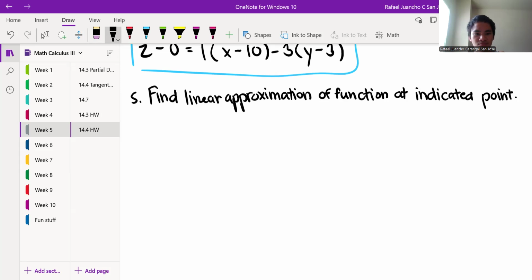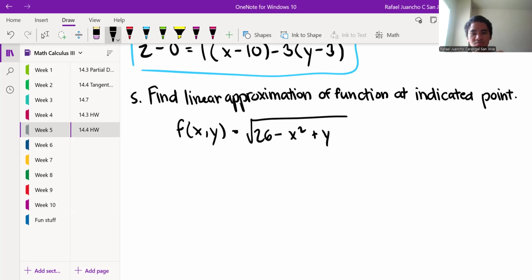Okay, let's do it. So we have my f of x, y, square root of 26 minus x squared, minus, my bad, minus 4y squared, specifically at 1, 2.